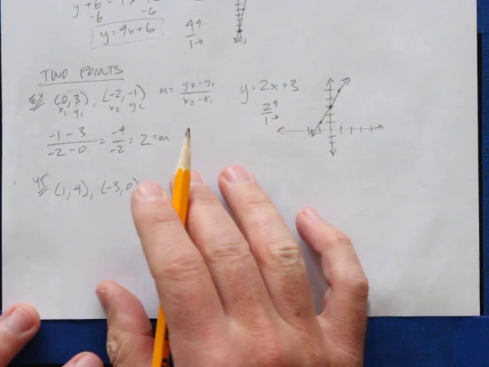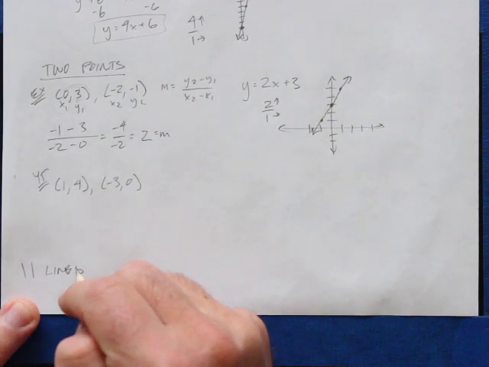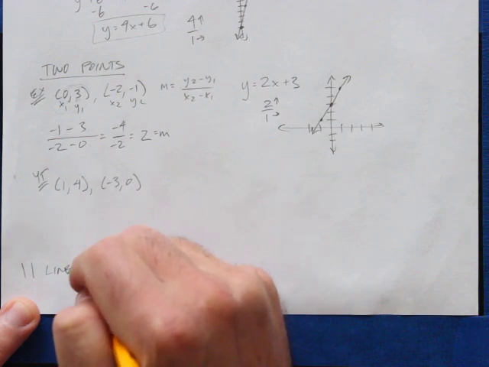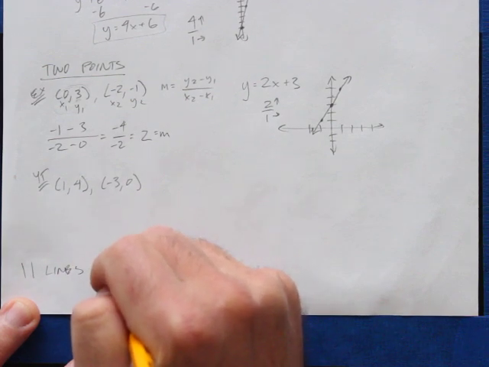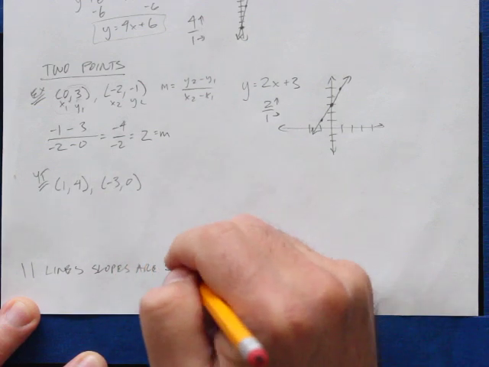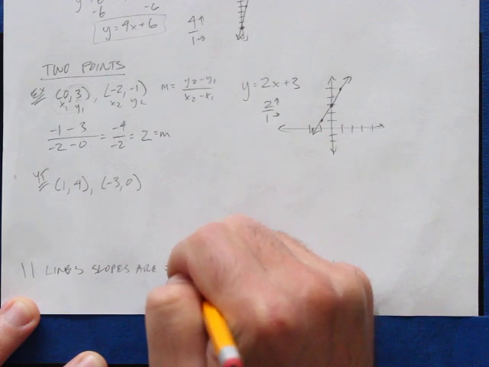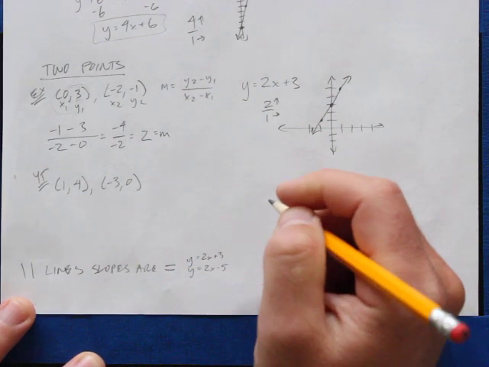I also am going to remind you that parallel lines, their slopes are equal, like y equals 2x plus 3, y equals 2x minus 5.